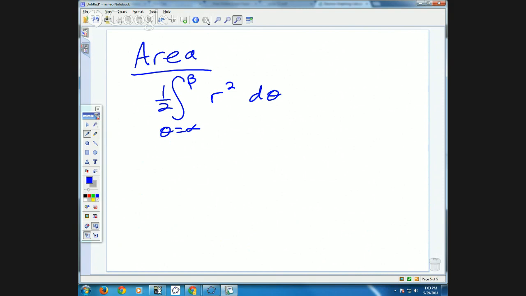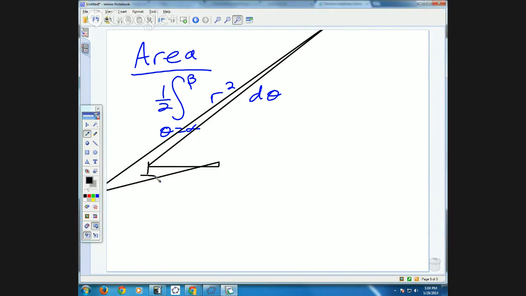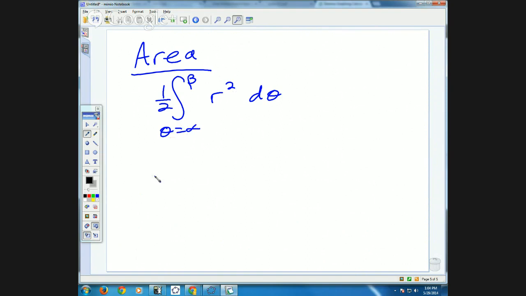All right, so let's see. R is sine of 2 theta, so we want r squared. I'm going to try what Zach said, and Zach said, let's integrate as theta goes from 0 to 2 pi. And that's going to be the sine squared of 2 theta.